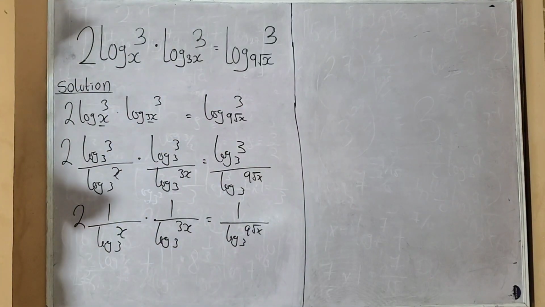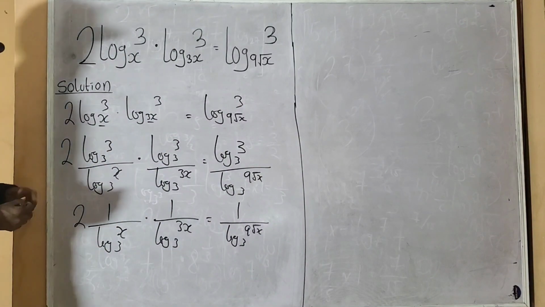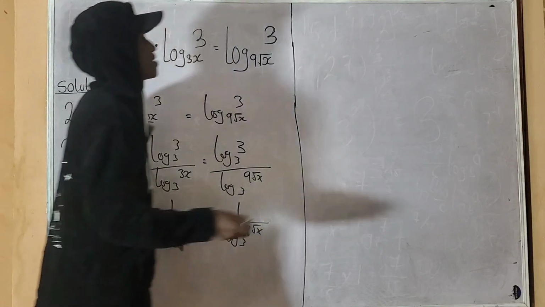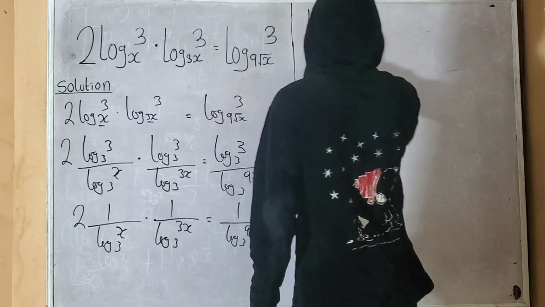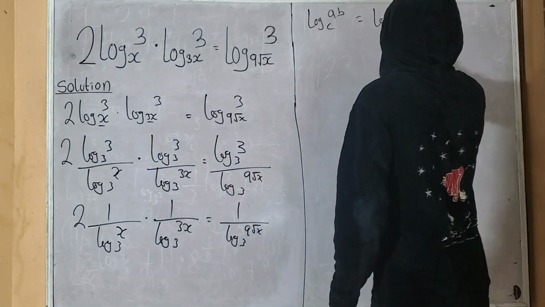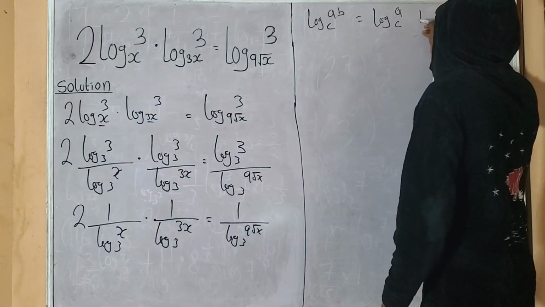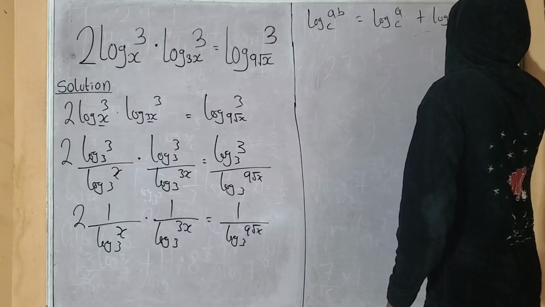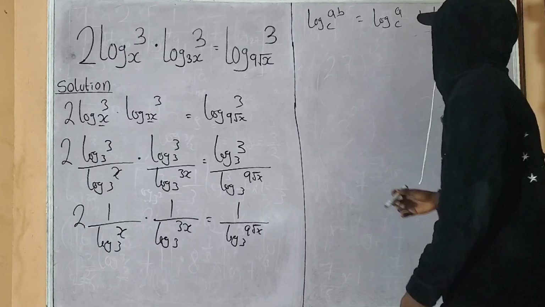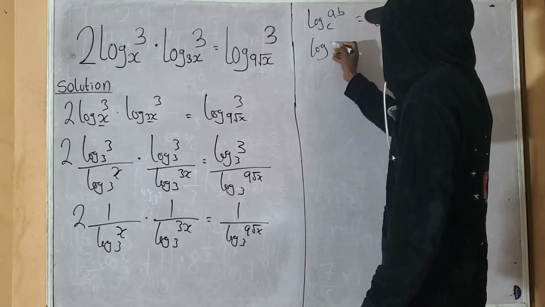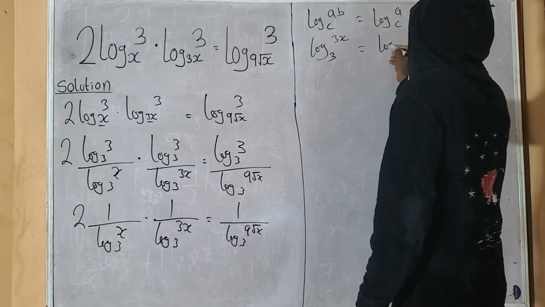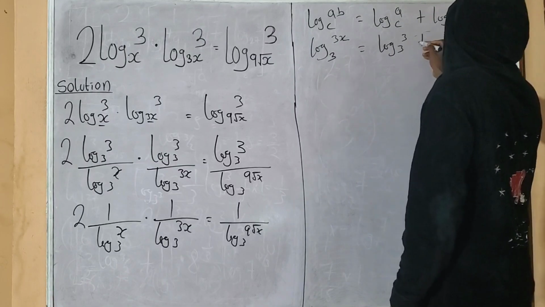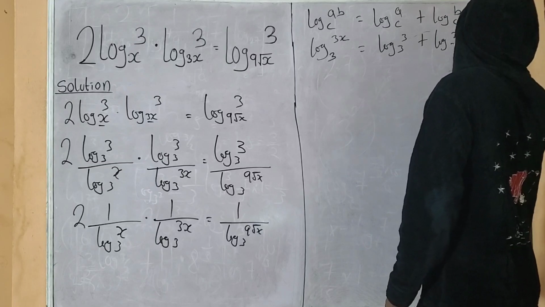Are you following? The next step: do you know that if you have log_C AB, this can be written as log_C A plus log_C B? So we're having log_3 3x. This can be written as log_3 3 plus log_3 x.